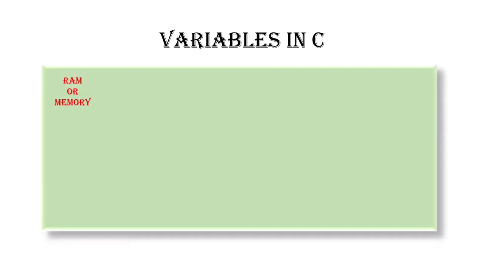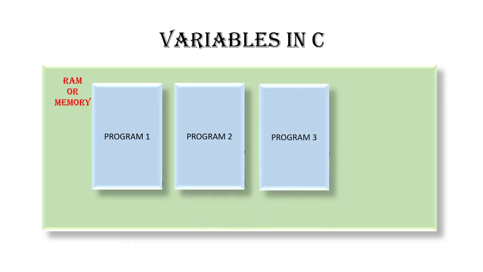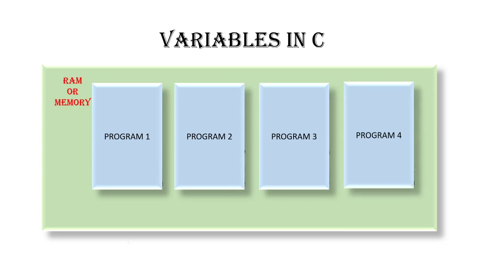So here's our RAM or memory. Whenever I say memory or RAM, I will use them interchangeably. Whenever you execute any program, that program is allocated some space in the memory. If there are, suppose, four programs, all four will be allocated some space in the memory.